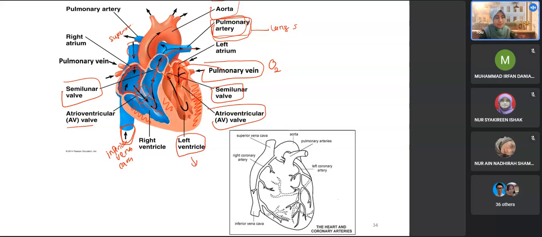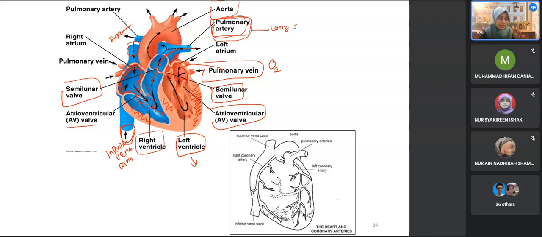The systemic circuit is longer, so that's why the left ventricle is much thicker, so it can exert high pressure on the blood, as compared to the right ventricle.